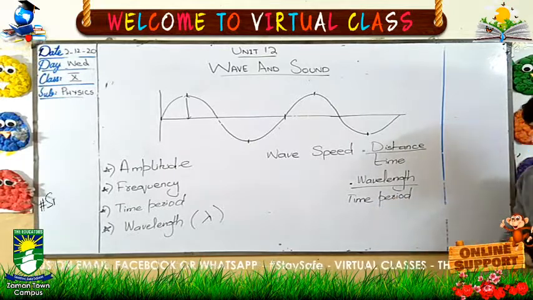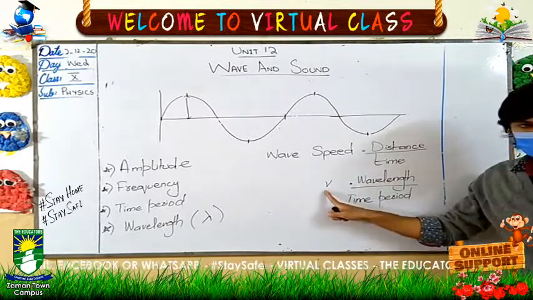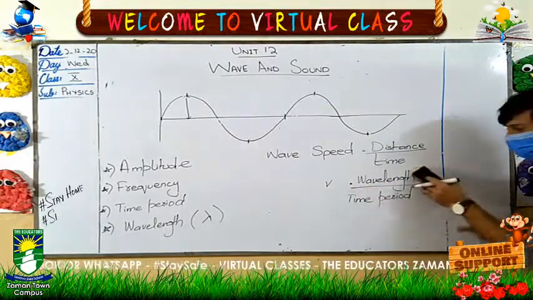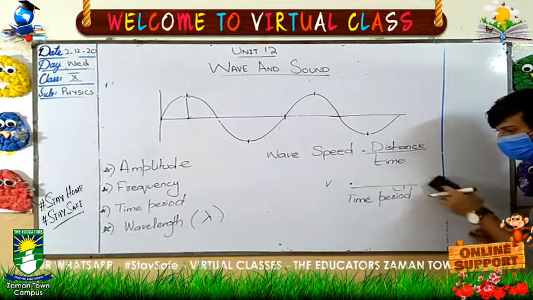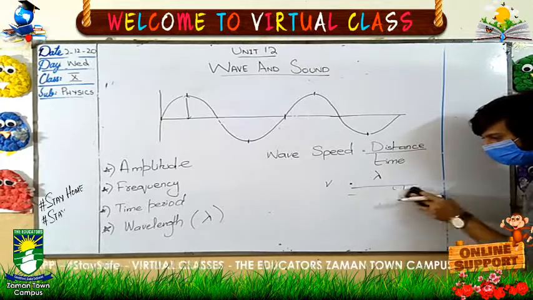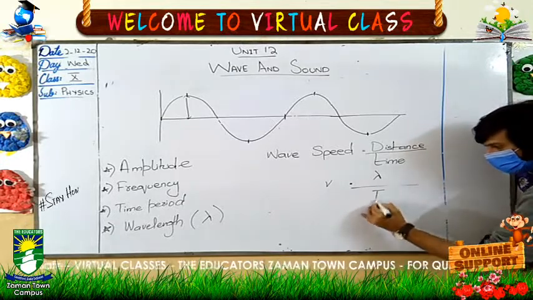We have a small derivation. Suppose this wave speed is denoted by V, and V is equal to wavelength upon time period. So I am writing the symbol of the wavelength, and now the symbol of the time period.